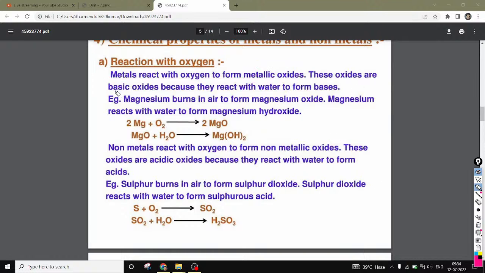These oxides are basic oxides because they react with water to form bases. Basically these oxides are basic in nature. Why?